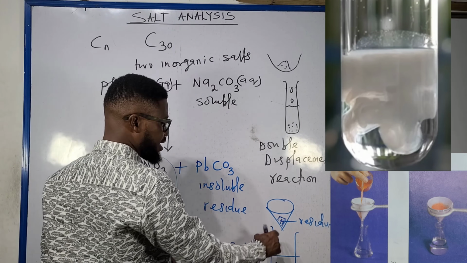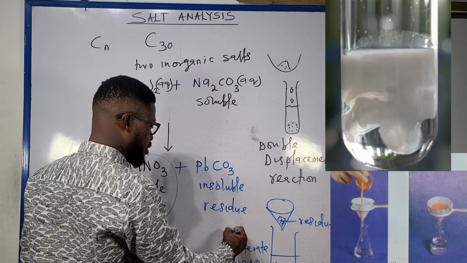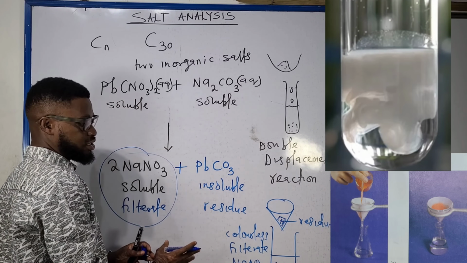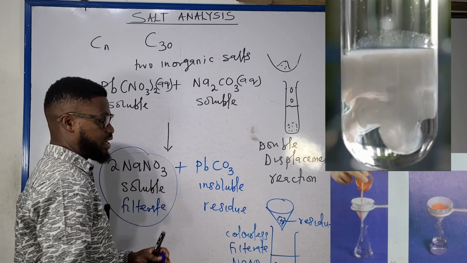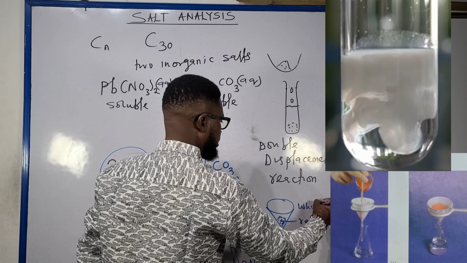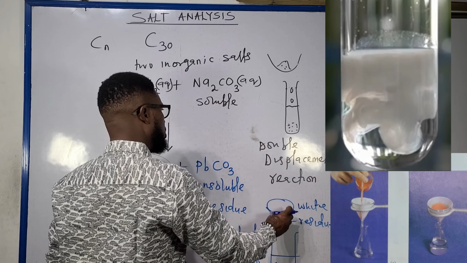In this case, this filtrate is going to be colorless, just like the color of water. But in the case of the residue, you're looking at the white residue remaining on the paper.